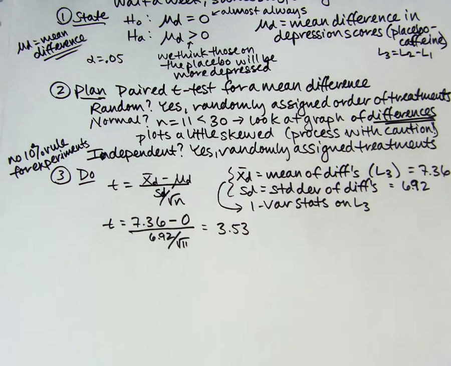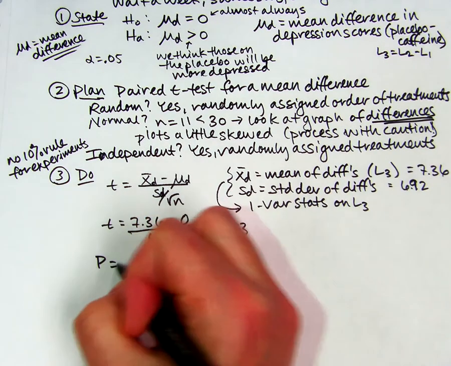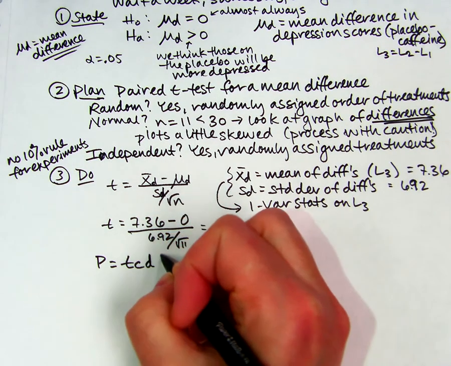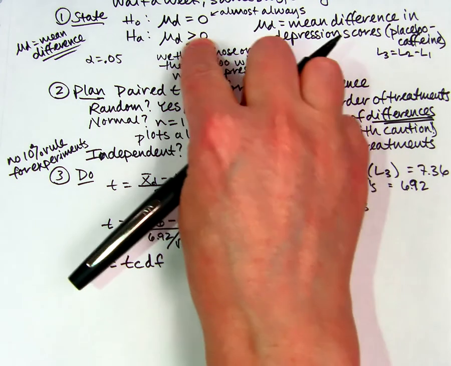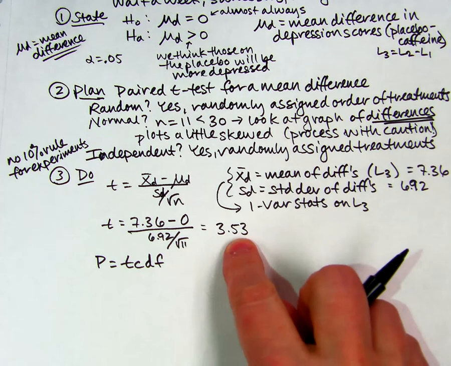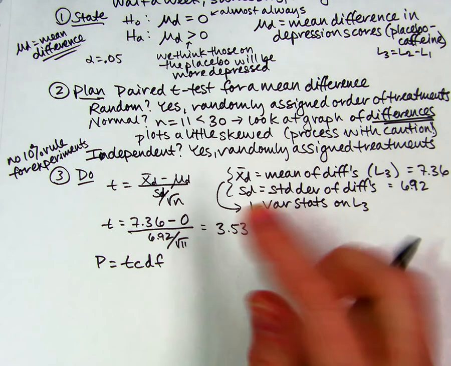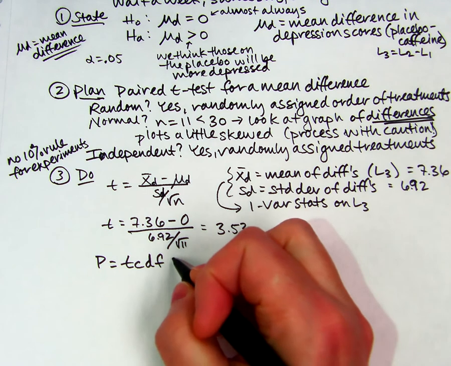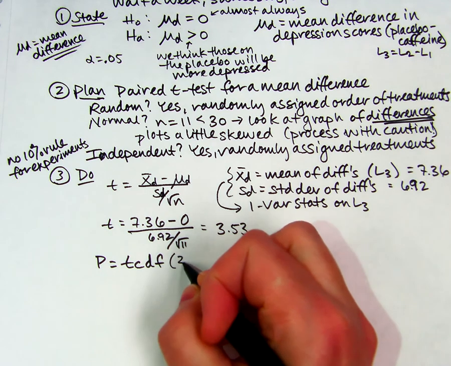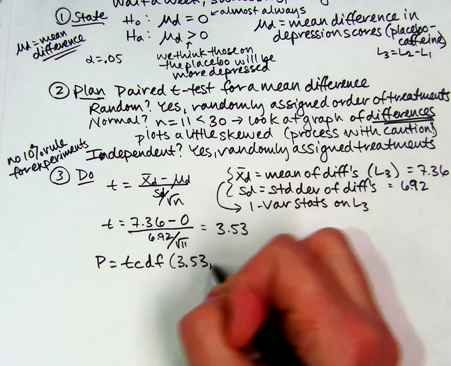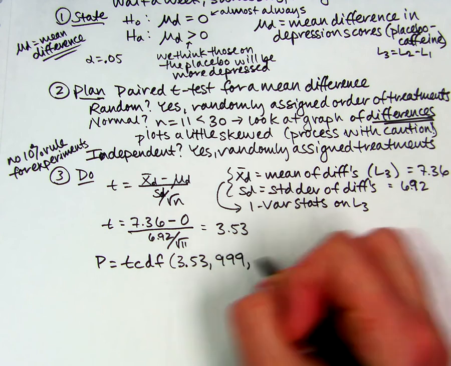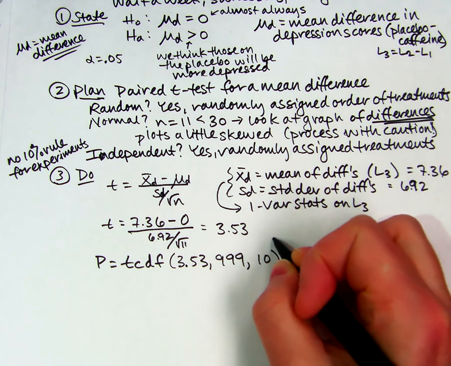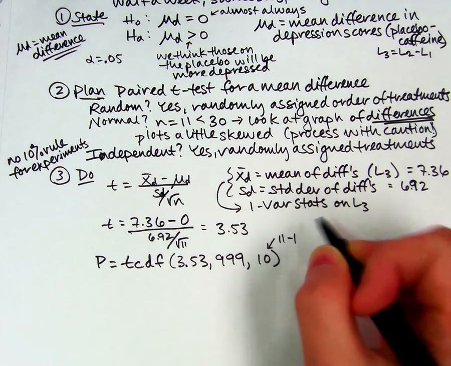And then I have to find a p-value. We've done that before. P is TCDF. It is a greater than in my alternate, and it's also a bigger than 0 here, so that's good that it came out the same direction. So I have to put my T first, and then 999, and then df is 10, because remember that's 11 minus 1.